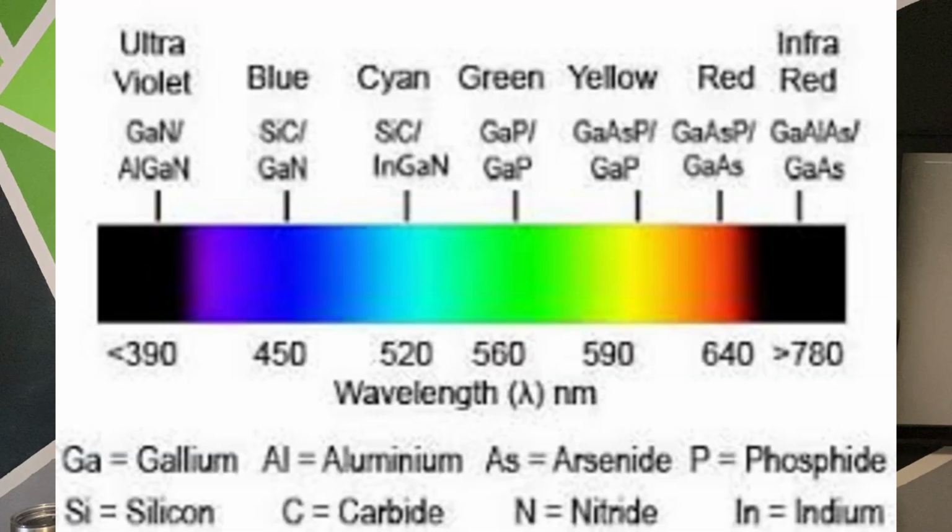And we can also make LEDs that work with infrared and other types of light on the light scale, you could say. And then the different distances of the energy band gap will produce different colors of light also.